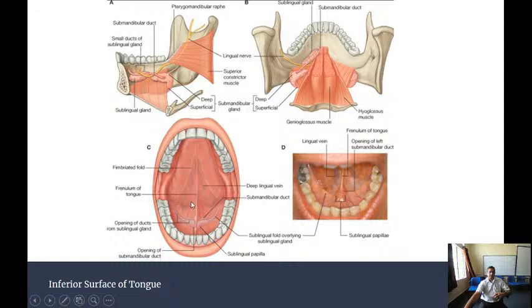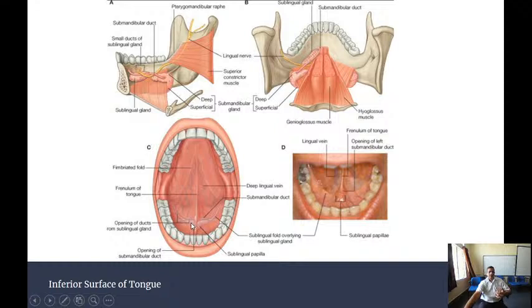On either side of the frenulum, you have the deep lingual veins, which are very prominently seen. Lateral to that, you see another fold, which is the fimbriated fold. These are on the ventral aspect of the tongue, and this is the floor of the oral cavity.